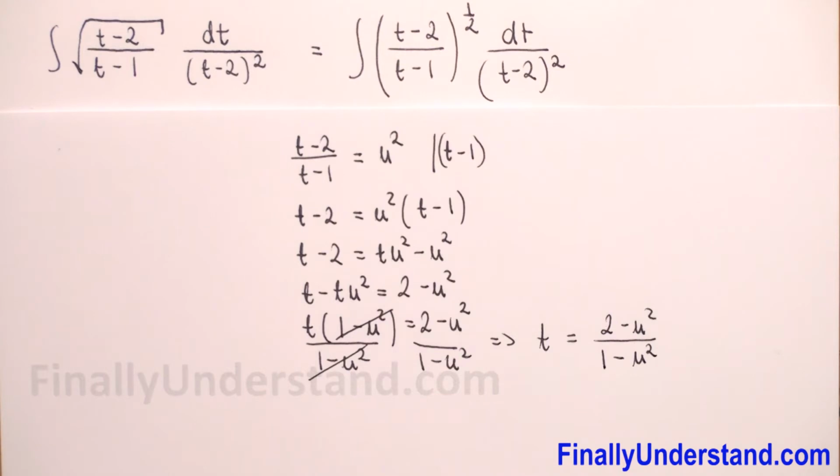Now we have to find the derivative of both sides of our equation with respect to t.